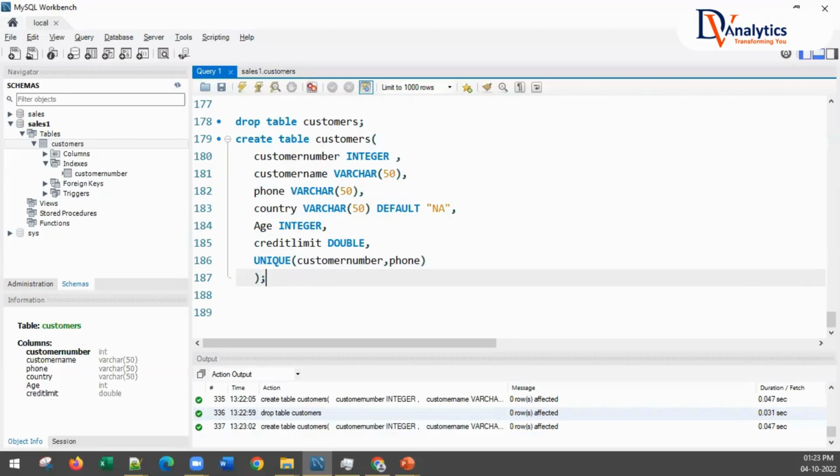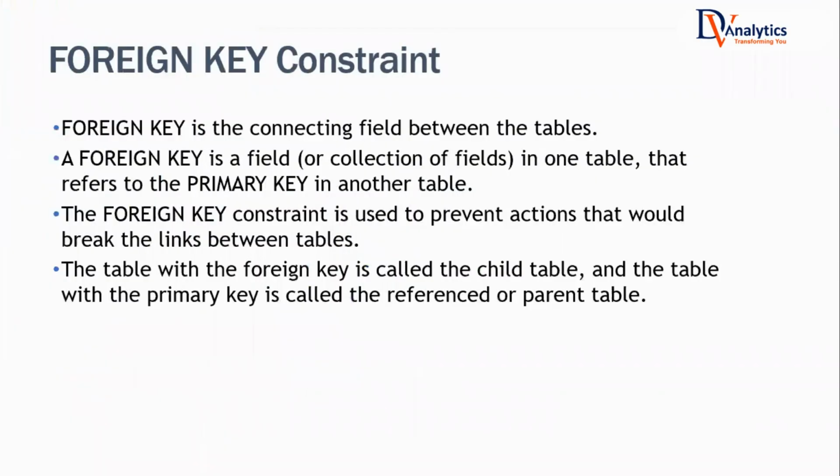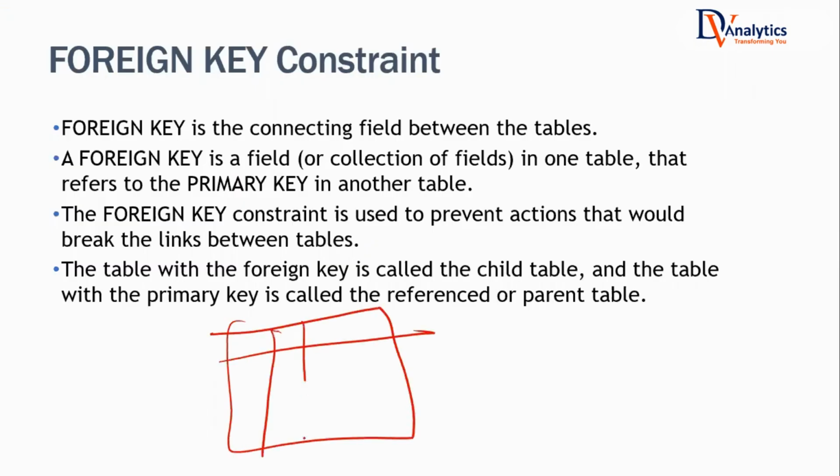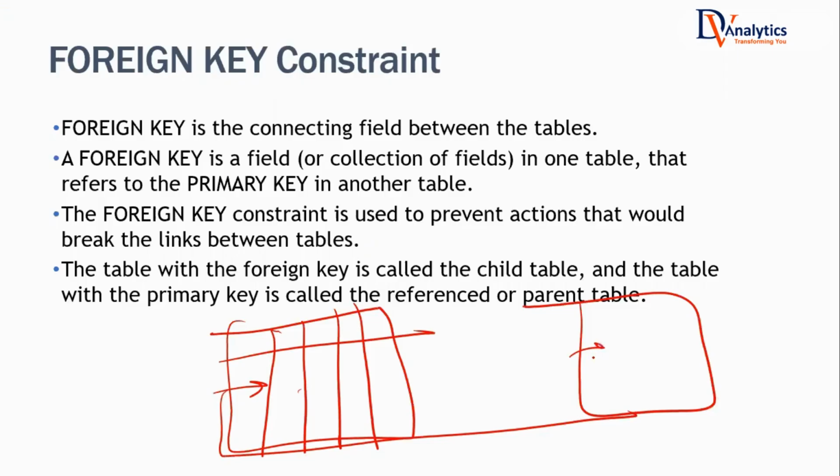Then there is one more important concept called foreign key. Foreign key is another constraint. What is a foreign key? In every table, or most tables, there is a primary key, one important column. Sometimes two tables can be connected. Let's say in one of the tables you have one column which is a primary key in some other table.